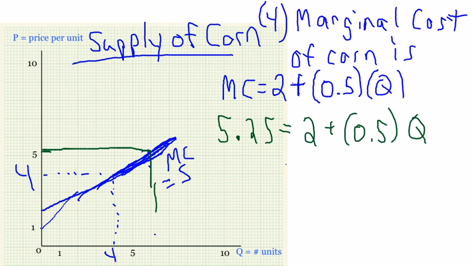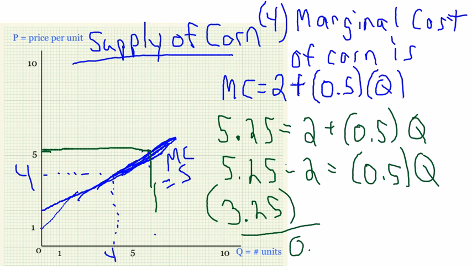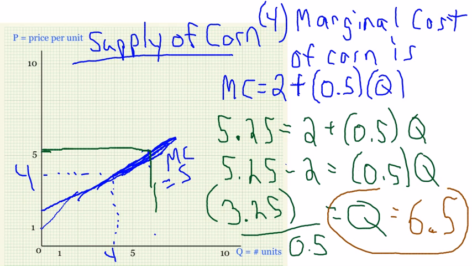We say 5.25 minus 2 equals 0.5 times Q, which is 3.25 divided by 0.5 equals Q, and that is going to equal 6.5 units. So there's our answer, and that concludes these practice questions.